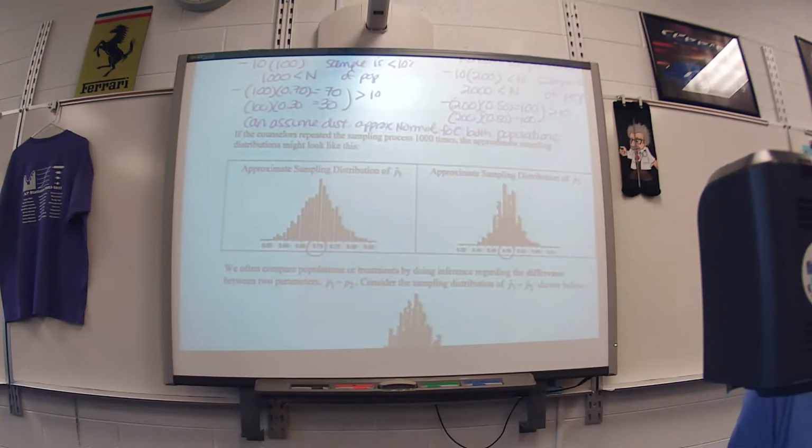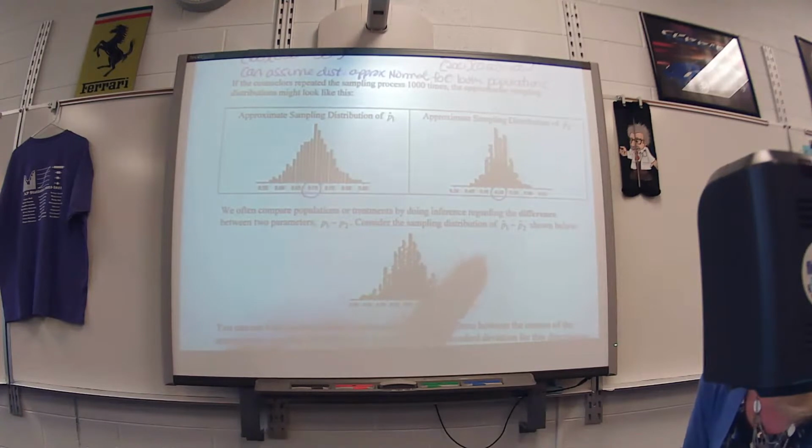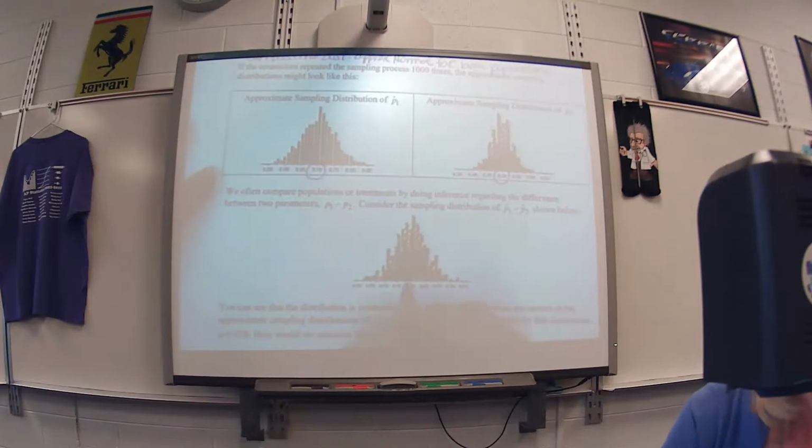But what we want to do is, if we want to compare the two populations, what we often do for a comparison is we set up a subtraction, a difference between the two. So it says consider the sampling distribution of p hat 1 minus p hat 2. Now, just intuition seems to make sense that this is now going to be centered at 20, the 70% minus the 50%, okay?